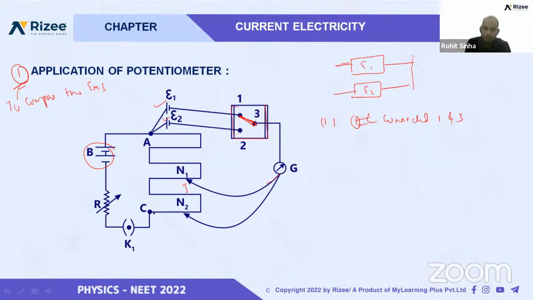I will move the jockey from the starting point and find where I get the null point. Suppose I got the null point here, N1, the first null point. Then I know that current will flow through here like this, and through here it will go this side.